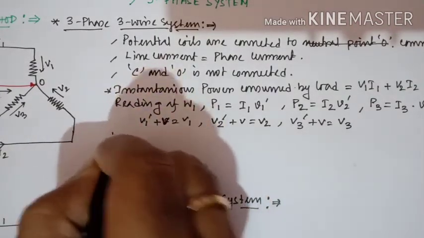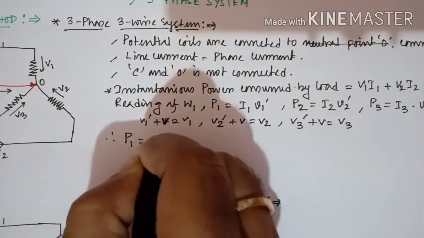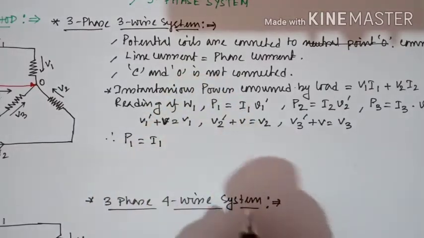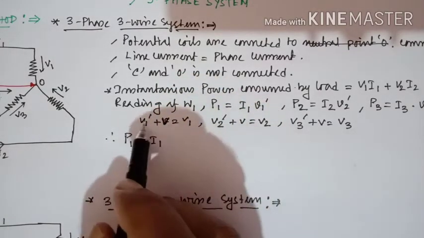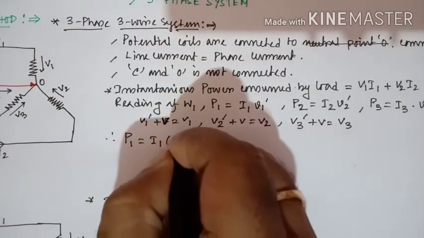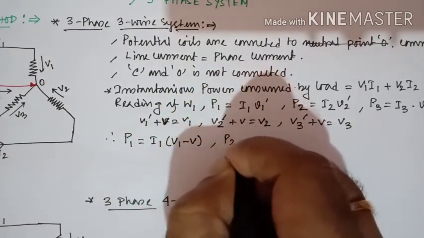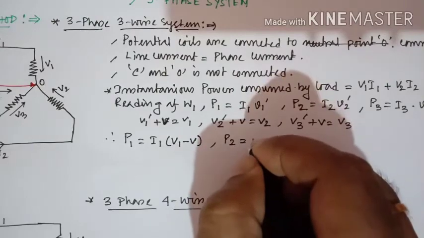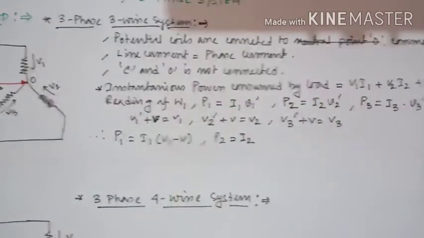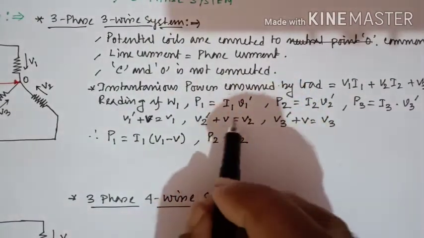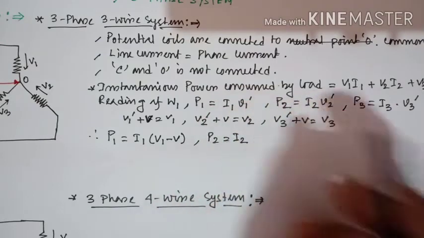So we can write down P1 is equal to I1 into V1 prime. V1 prime is V1 minus V. Similarly, P2 is equal to I2 into V2 prime.